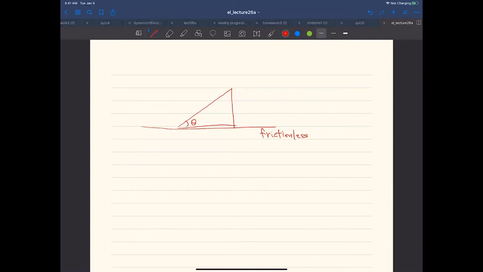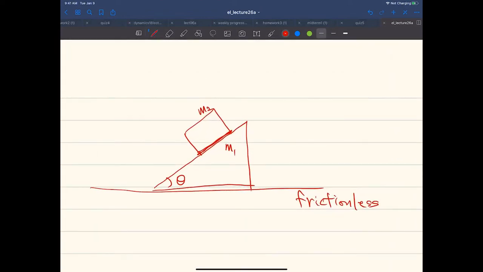Now I have a block of mass M. Let's say the wedge is mass M1, and this one has M2.